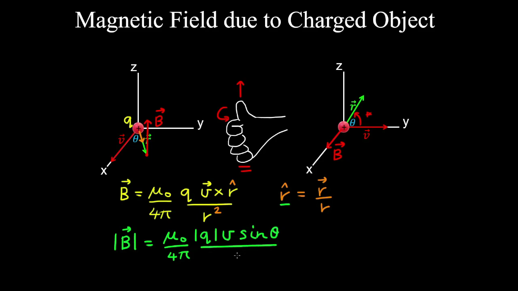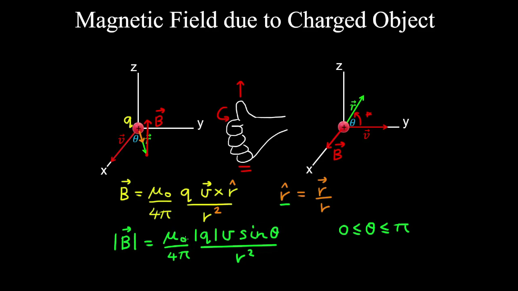And we have r squared in the denominator. And here we'll take theta between 0 and pi. So sine theta will be positive in the first and second quadrants.